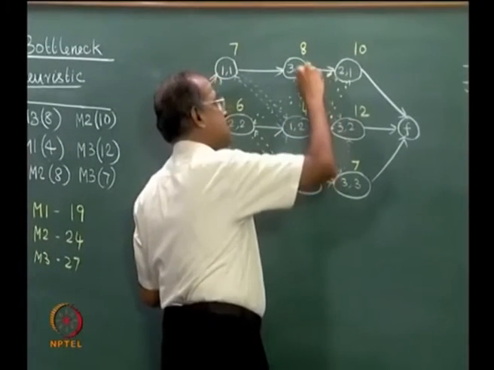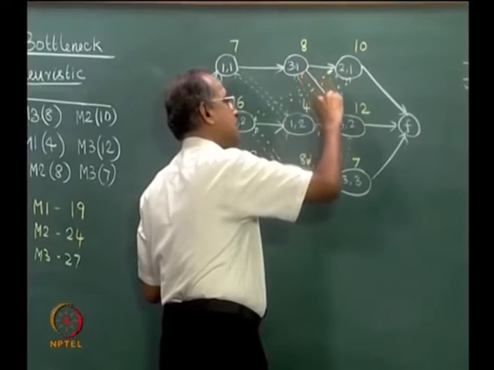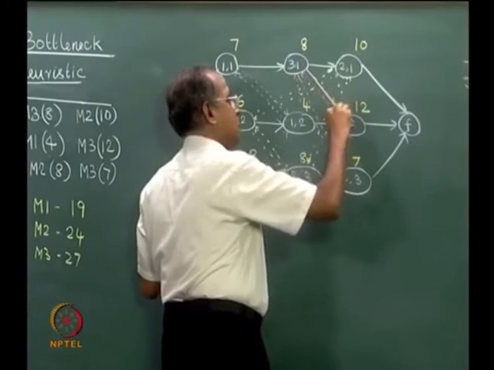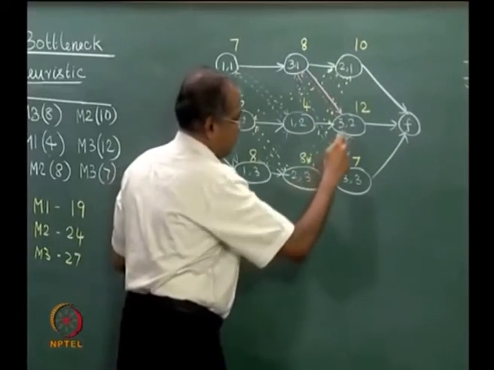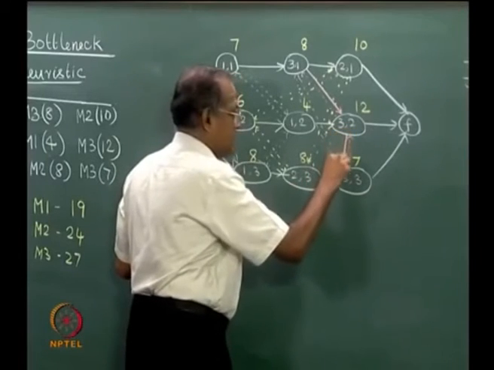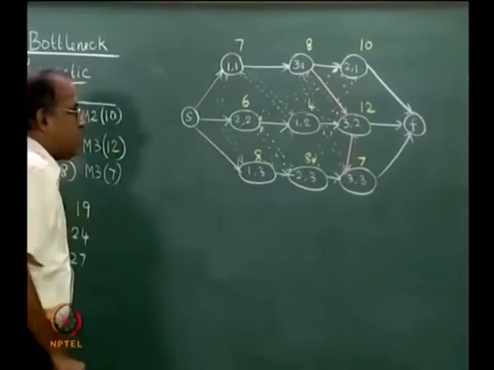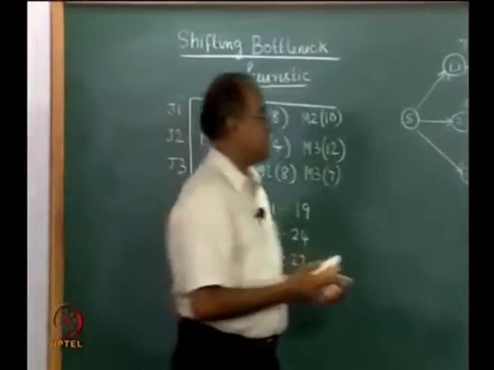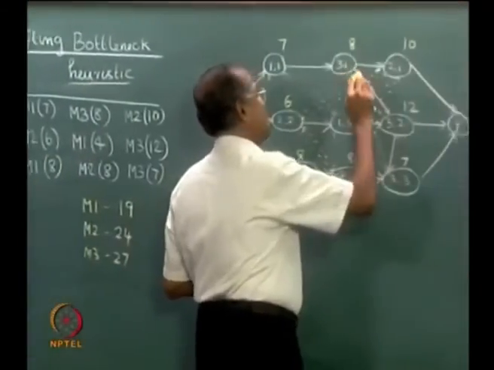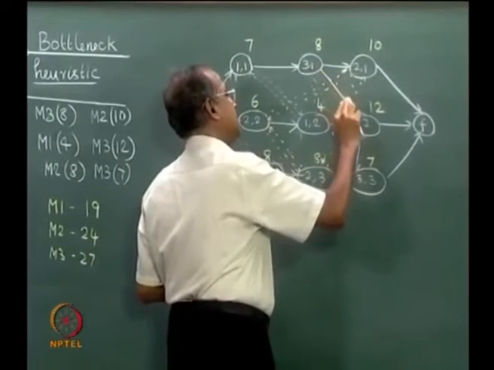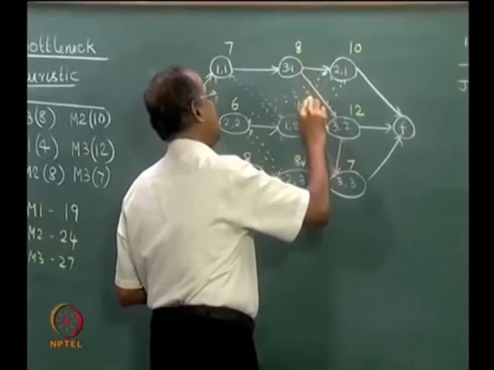So, this arc becomes active, and then from here we will do this, so this arc becomes active. The rest of the dotted pink arcs are now removed because they are no longer required. So, we will remove this, and we would also remove all this.